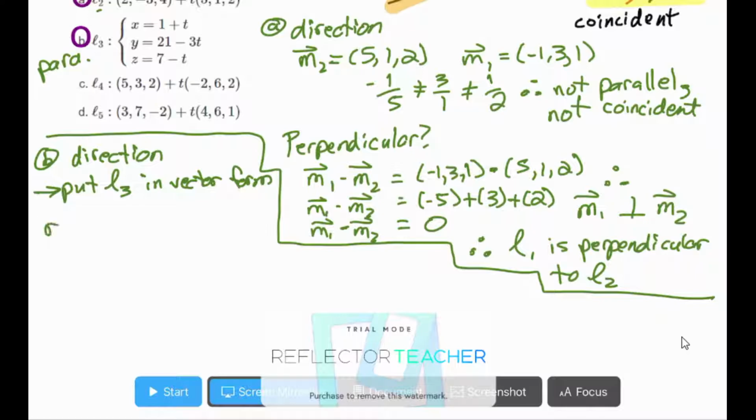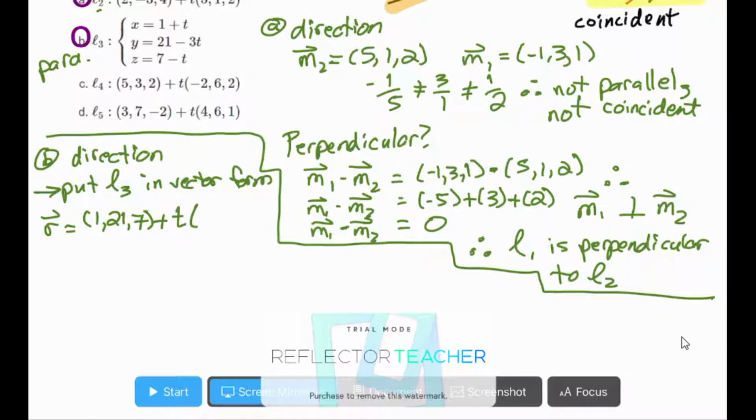So my vector equation r is going to be my position vector, 1, 21, 7, plus our parameter t and the coefficients in front of there. I'm not happy with the quality of my writing this evening.